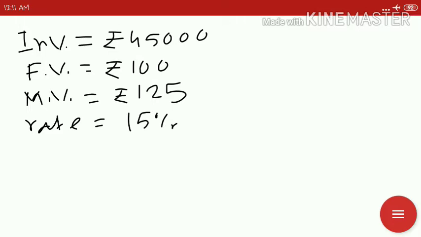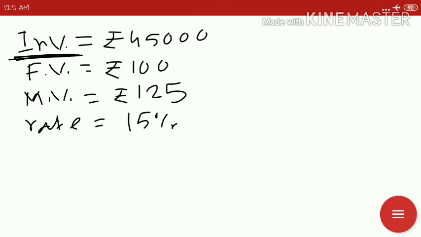That means it is the rate of dividend. Now we need to find out the number of shares he has bought. Again I am telling you that out of those three important formulas that I have mentioned earlier, investment is given. So we are now going to use the formula for the investment to find the first one. First one means we need to first find the number of shares he bought initially.